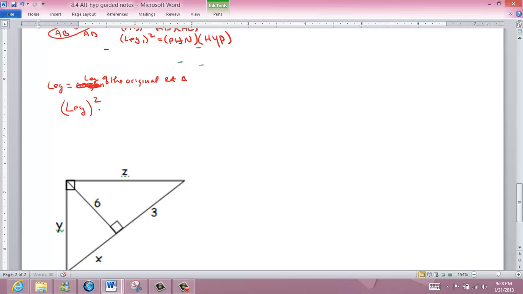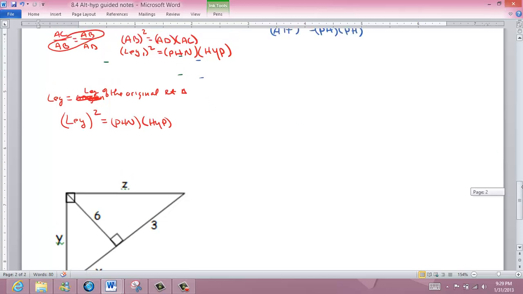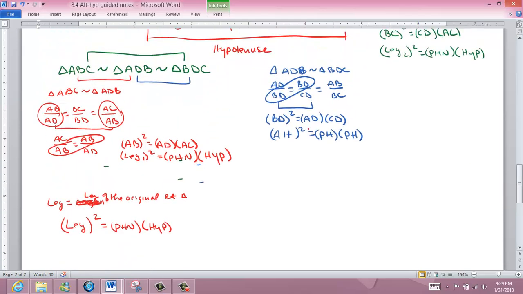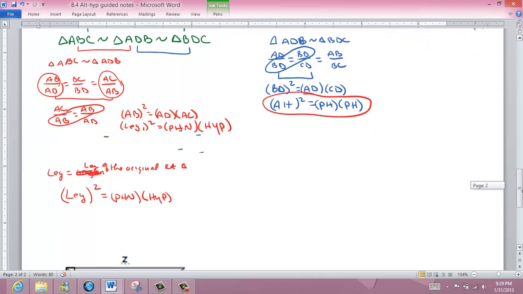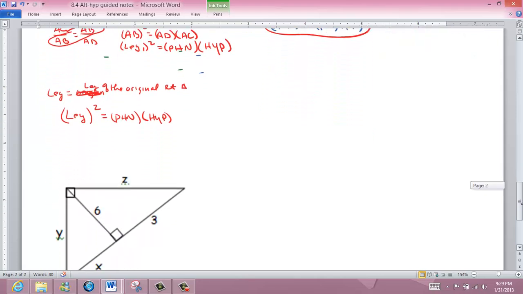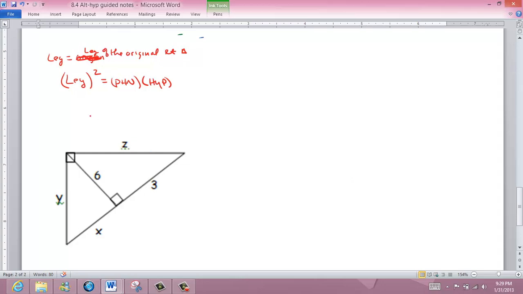The leg squared is equal to the piece of the hypotenuse nearby times the entire hypotenuse. Another formula we came up with is when the altitude acted as a geometric mean: altitude squared equals piece of the hypotenuse times piece of the hypotenuse. So that's the second one that we were able to come up with.